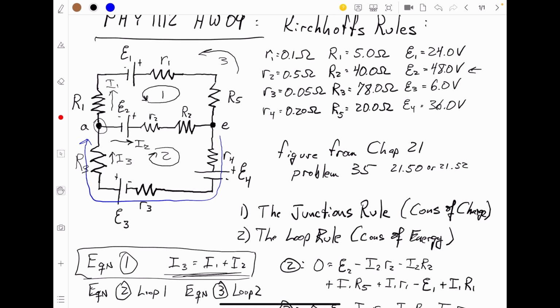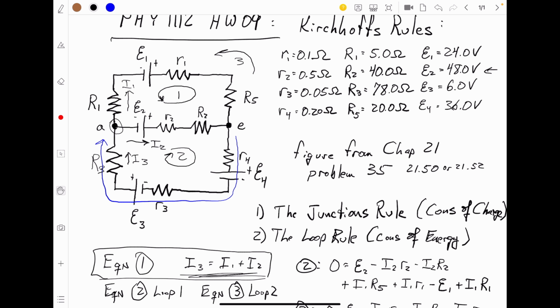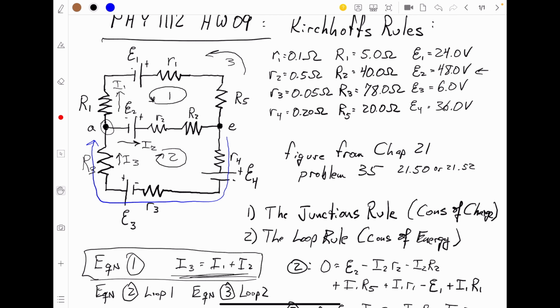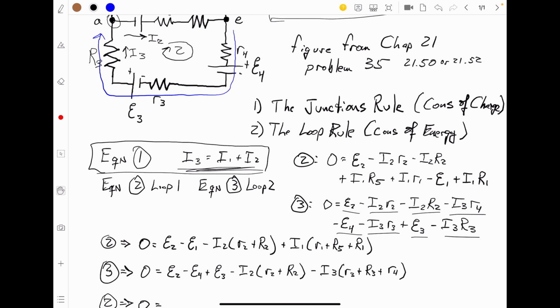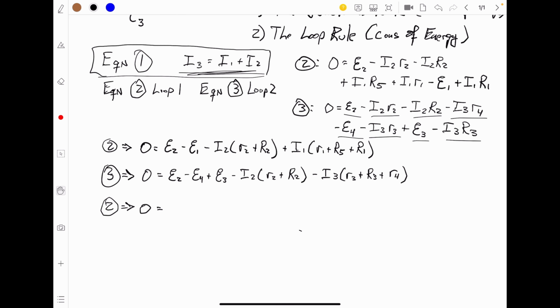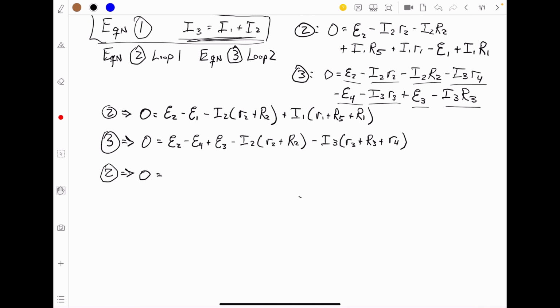So once we start putting in these values, we're going to get an easier time of it, because we really don't want to deal with all the variables. I know most of the time I want you guys to work with the variables, but in this case, it's just too cumbersome. So we can cut out a lot of these variables just by putting the numbers in. So that's what we're going to do.